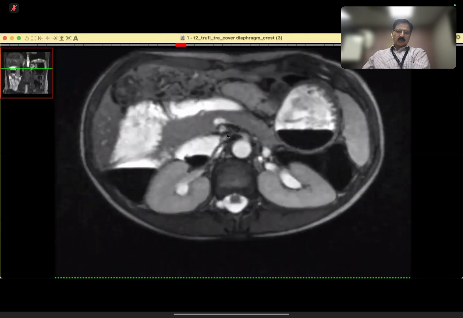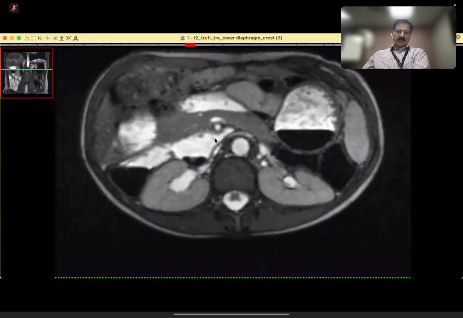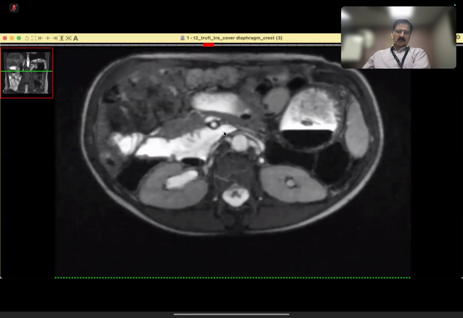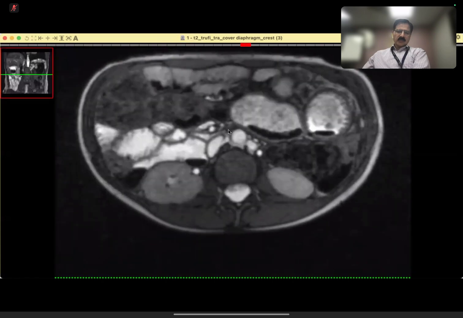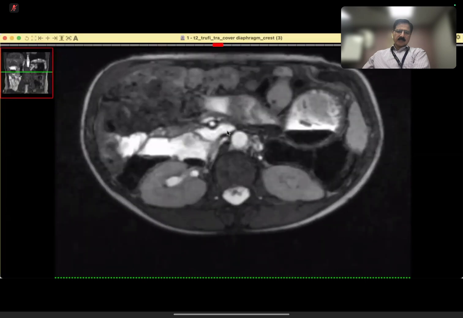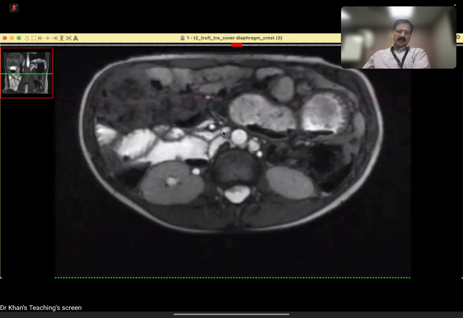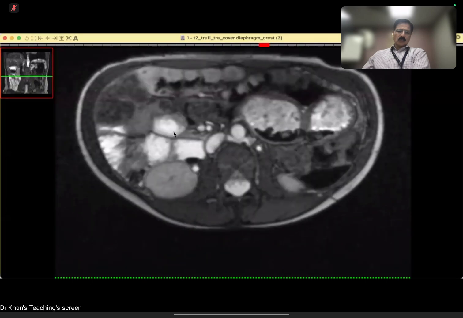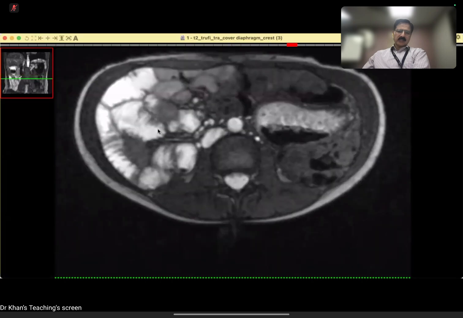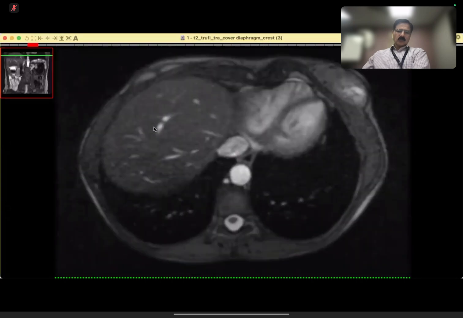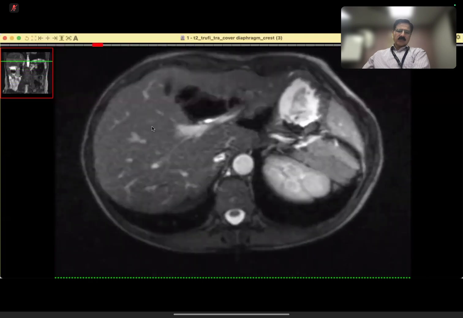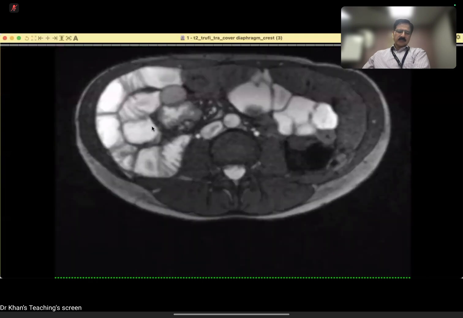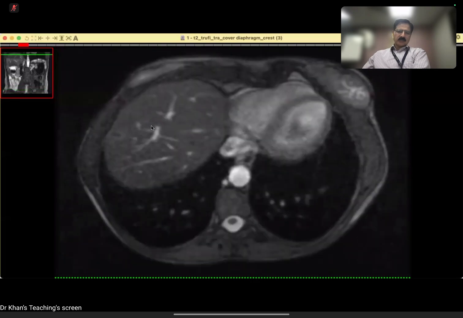This is your superior mesenteric artery. This is your duodenojejunal junction, and it is impinged here, and then it goes to the right side. So you are right that there is a malrotation there. That is fine.